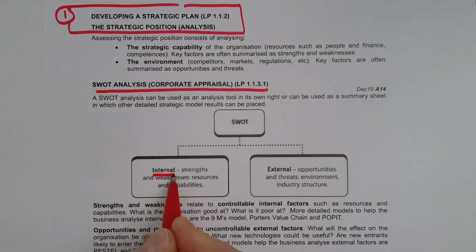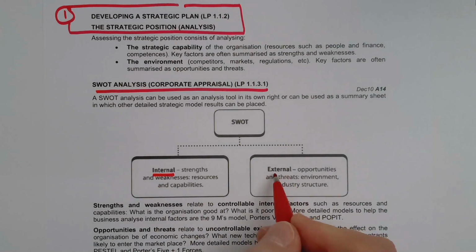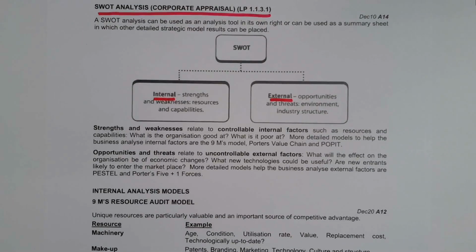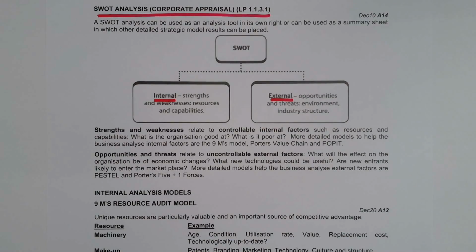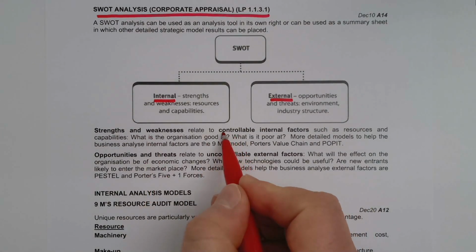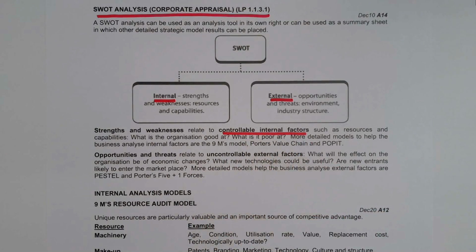Strengths and weaknesses we mentioned earlier are internal. They look at things like resources, capabilities. Opportunities and threats are external. And let's be absolutely clear what we mean by internal and external. Strengths and weaknesses are internal because they are things that we can control. They are things like the resources, the capabilities, what are we good at, what are we poor at doing.